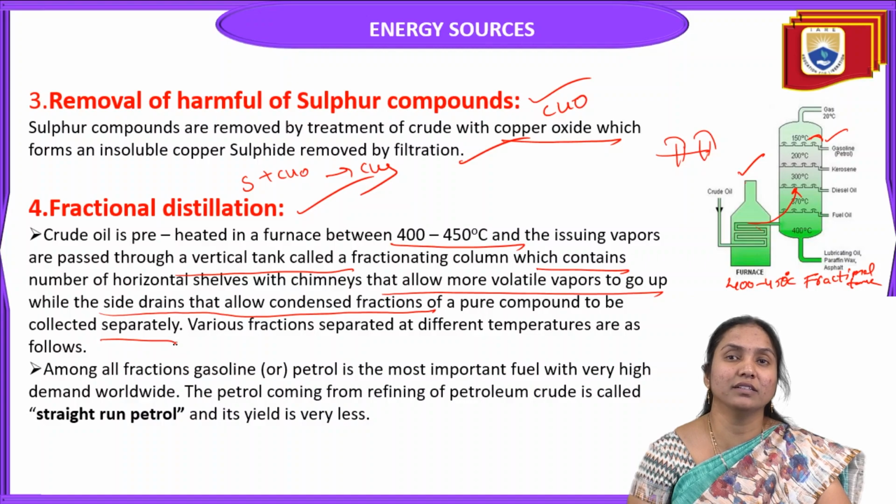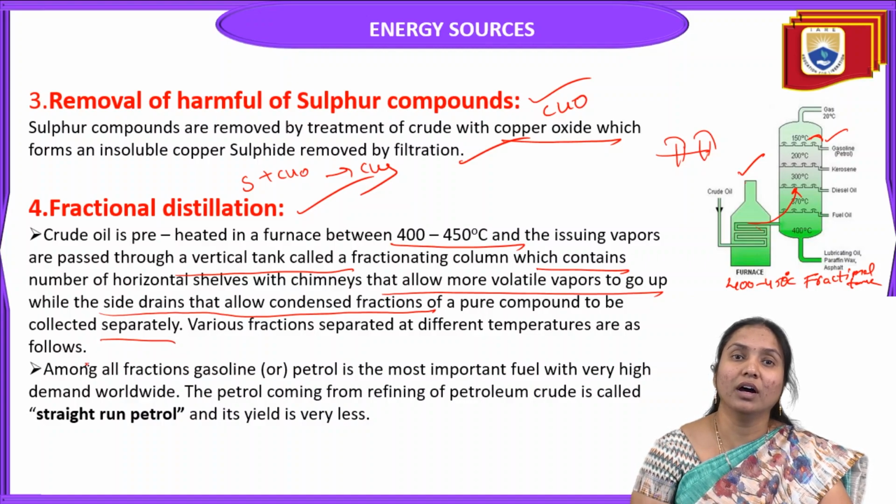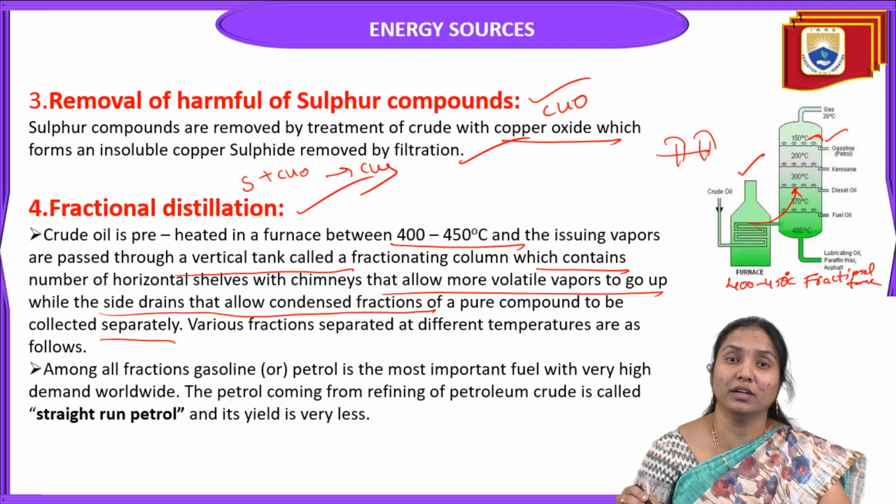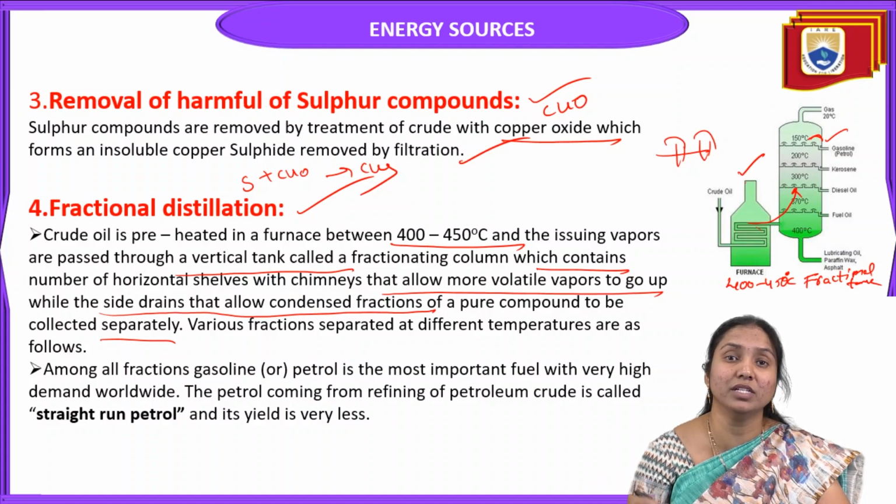Various fractions are separated at different temperatures. In this tank, with shelves and chimneys at different temperatures, all the fractions present in the crude petroleum are separated. This is called fractional distillation.